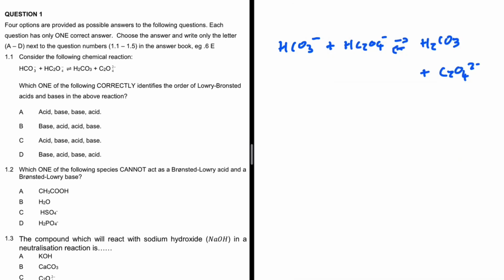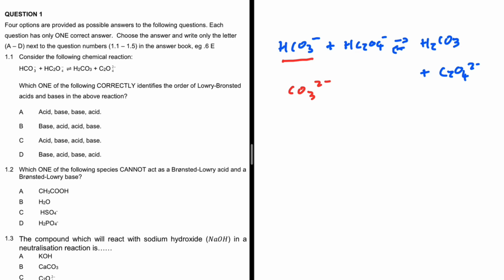Okay, so we start with HCO3 minus. If this is an acid, in the product side we must get CO3 2 minus. It would have donated a proton and we would therefore refer to it as an acid, that is if and only if it is an acid, right?